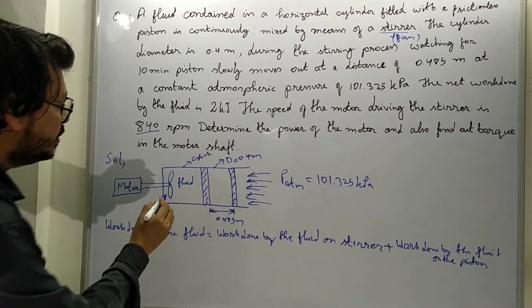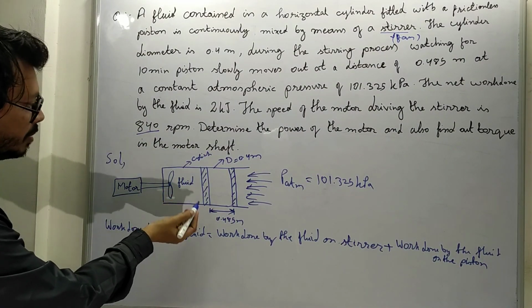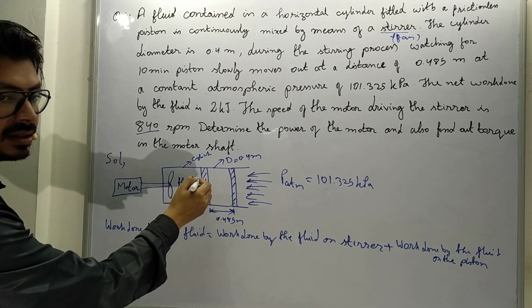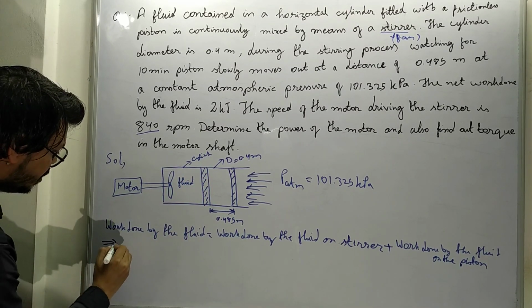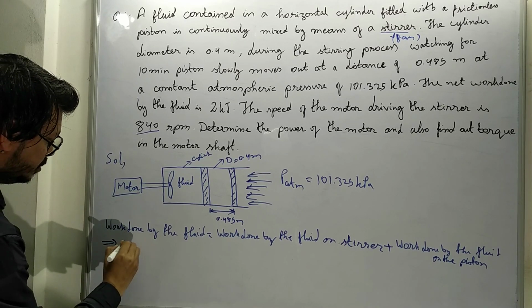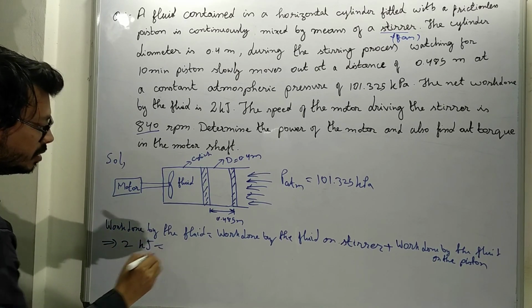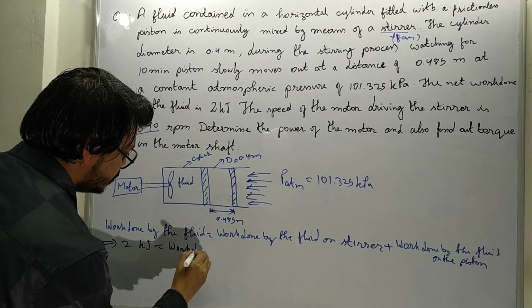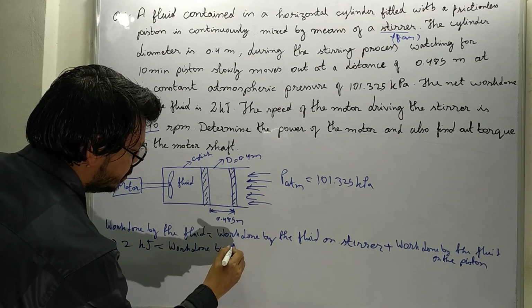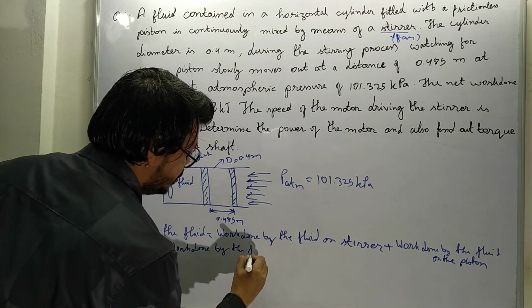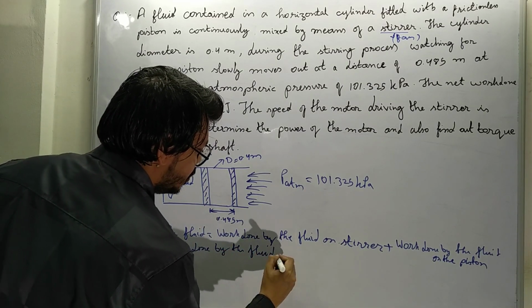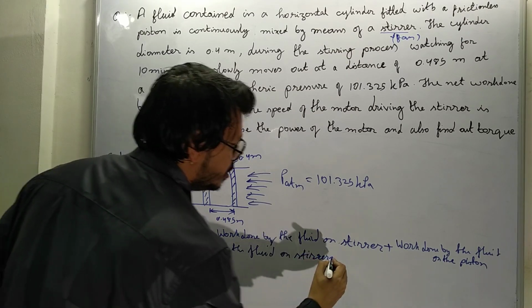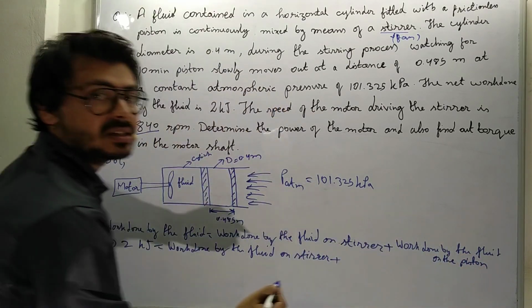The net work done by the fluid is the work done by the fluid on the stirrer plus work done by the fluid on the piston. So the net work done is given as 2 kilojoule, and this is equal to the work done by the fluid on stirrer plus work done by the fluid on the piston.